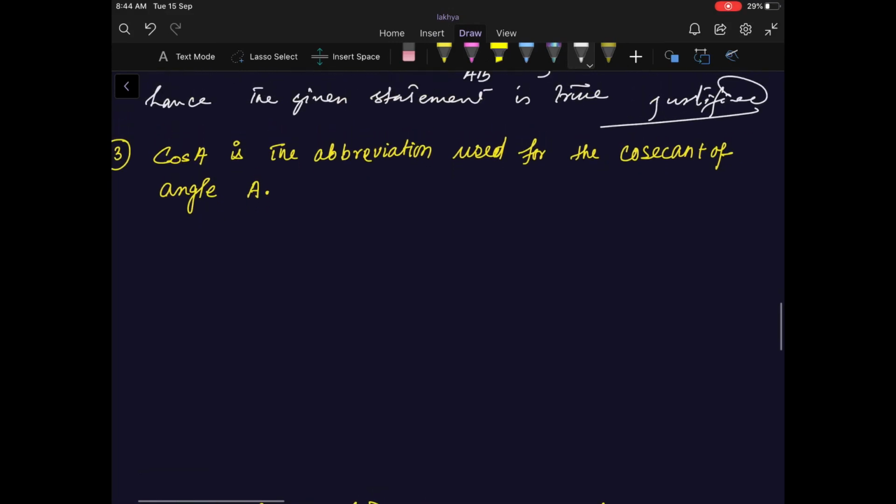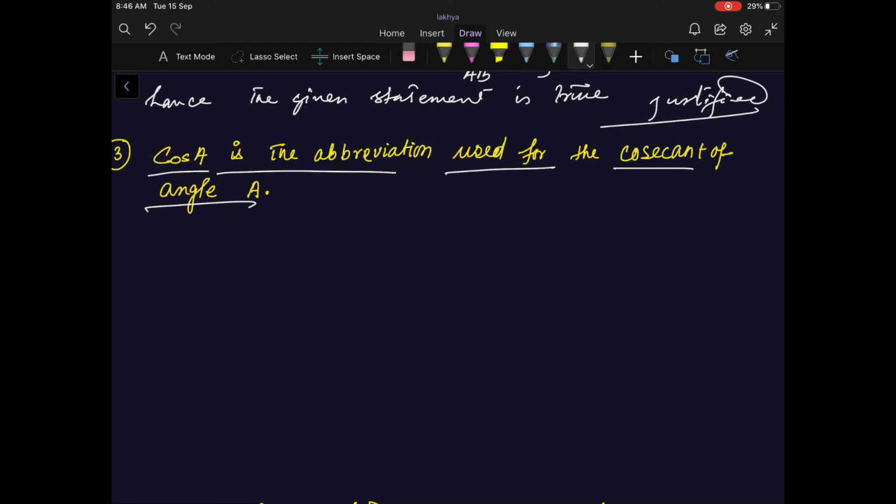What is the next statement here? Cos A is the abbreviation used for the cosecant of angle A. Is this true or false?